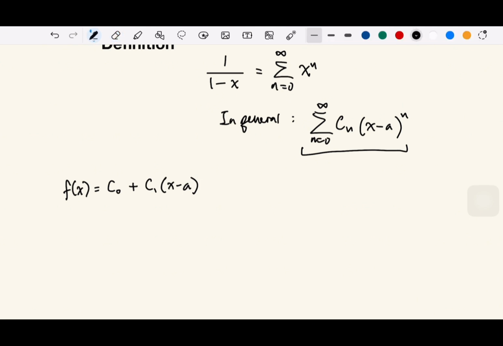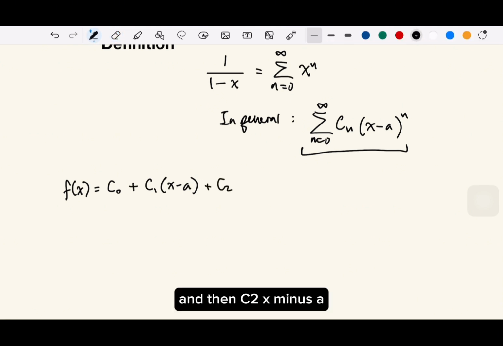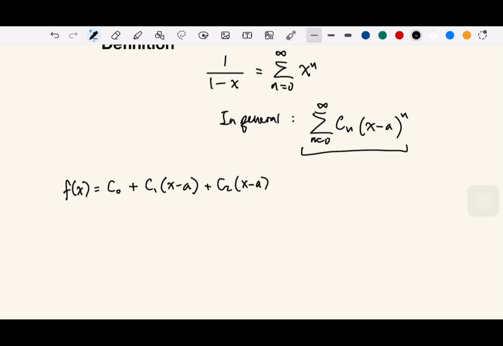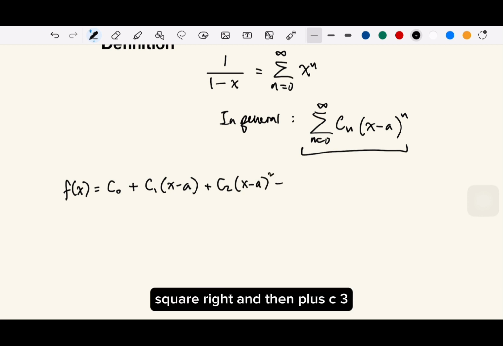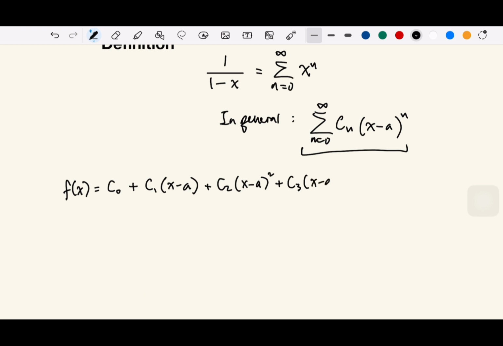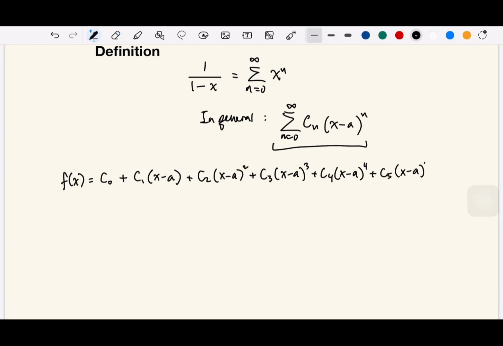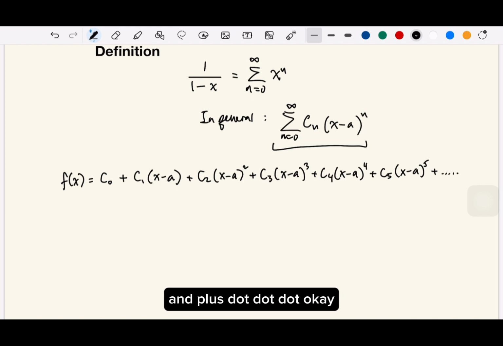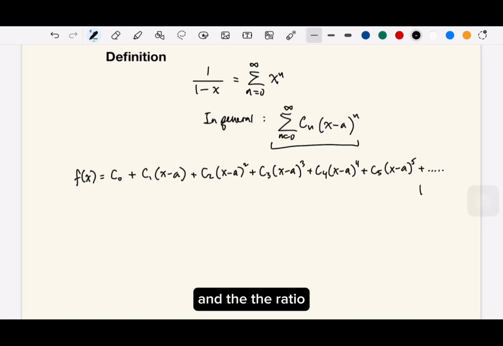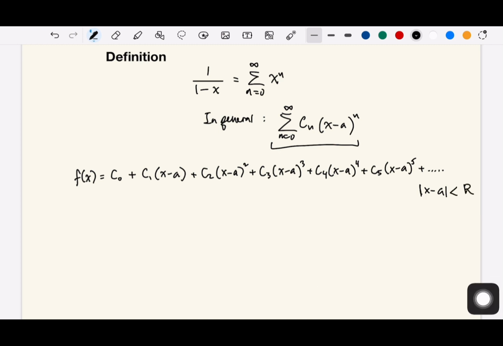And then c2 times x minus a squared, and then plus c3, plus c4, and then maybe plus the last one, c5, and plus dot dot dot. And the ratio should be less than r.